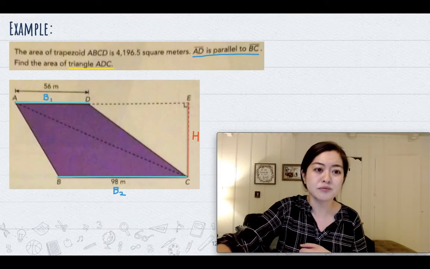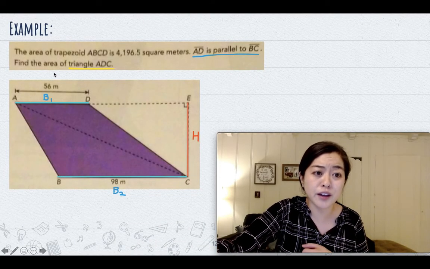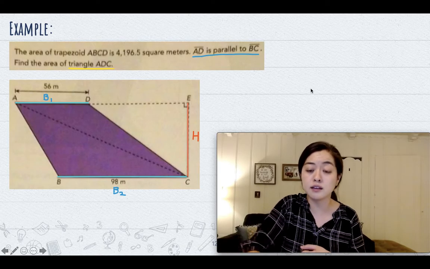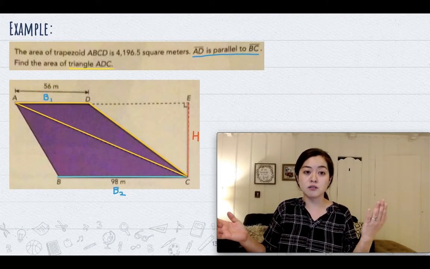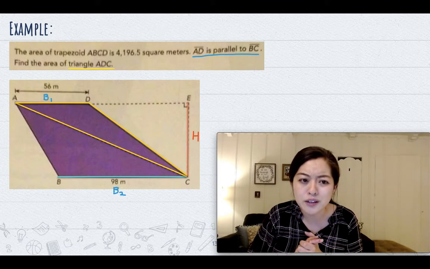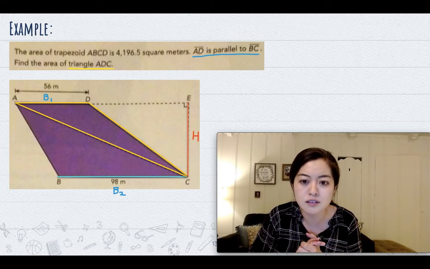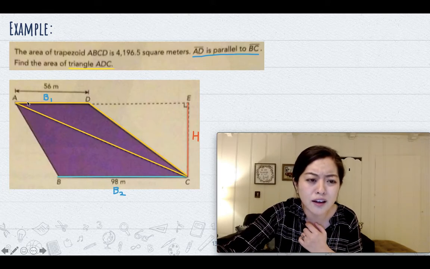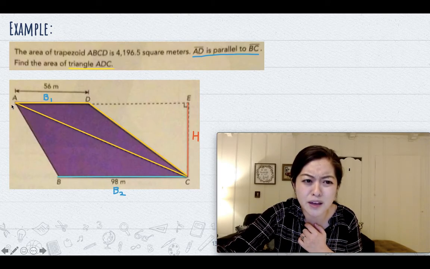So it says we're going to find the area of triangle ADC. So this is triangle ADC over here. And I'm going to highlight it in yellow, like so, okay? What do you notice about triangle ADC? Well, I notice that it shares the same base of the trapezoid here.